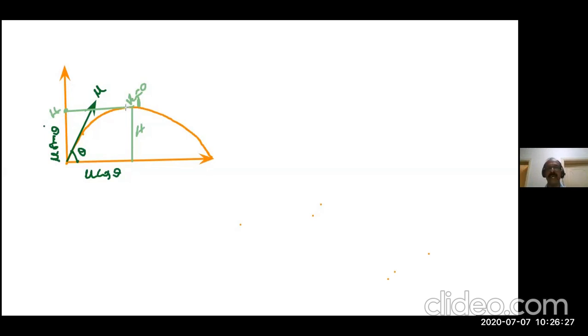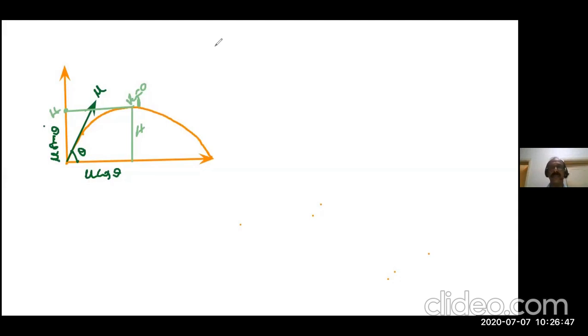At maximum height, the vertical velocity becomes 0.